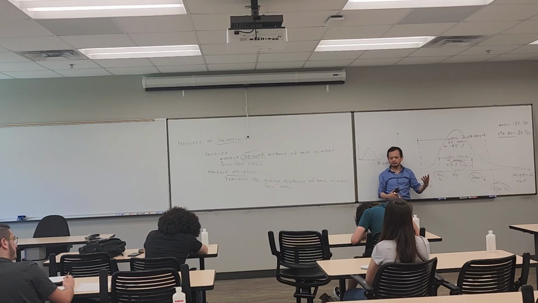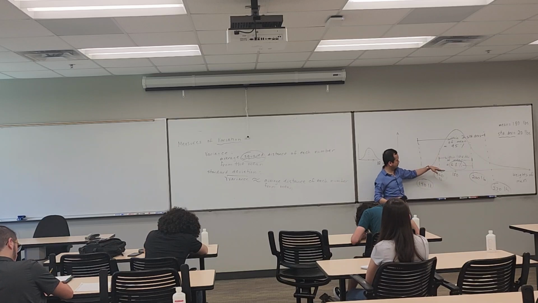It turns out that this relationship between the number of standard deviations from the mean and the percentage of the population in that range extends to any number of standard deviations, not just 1 and 2.